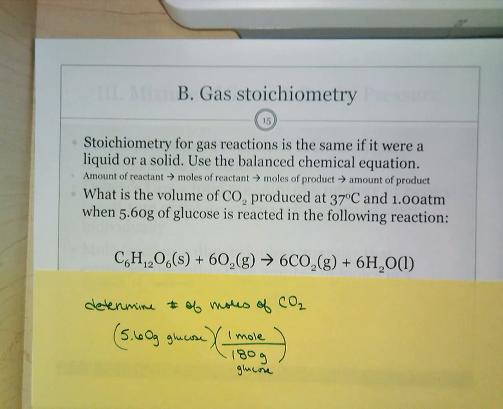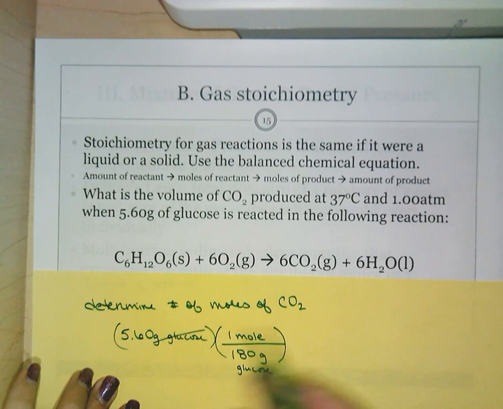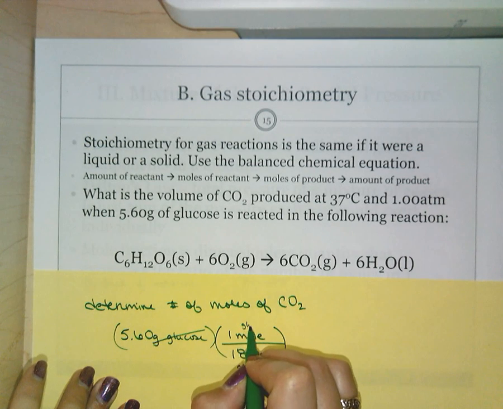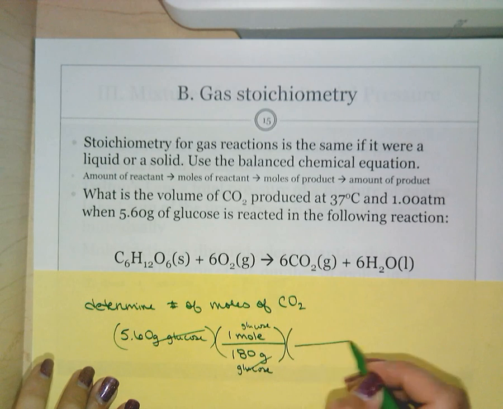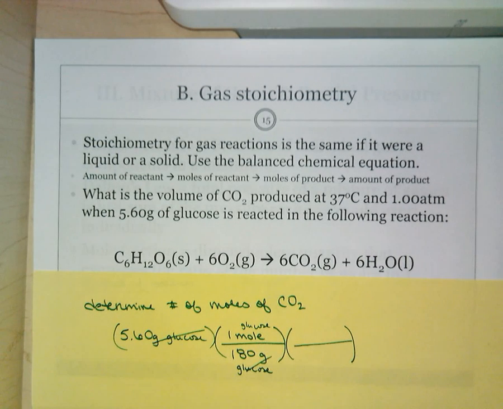Alright, so now I am in moles of glucose. What is my next step to get to moles of carbon dioxide? The ratio. So I have 1 glucose for every 6 carbon dioxides.